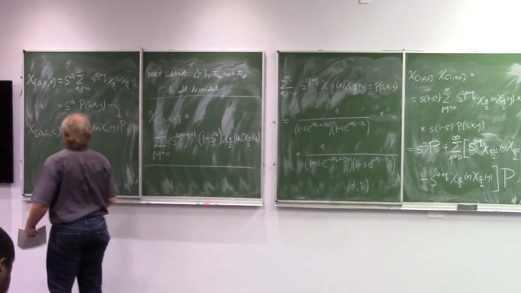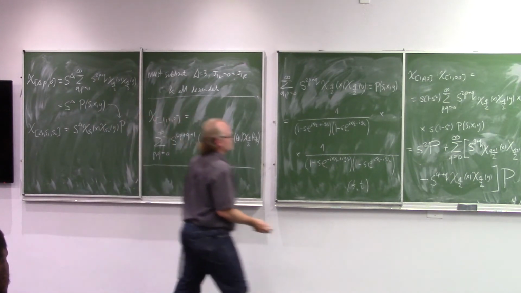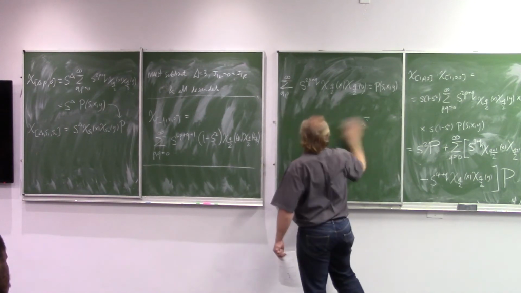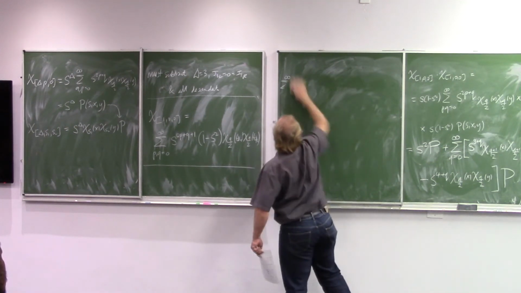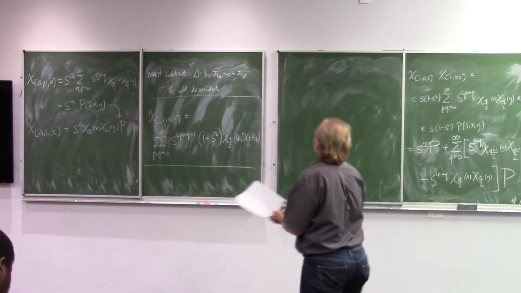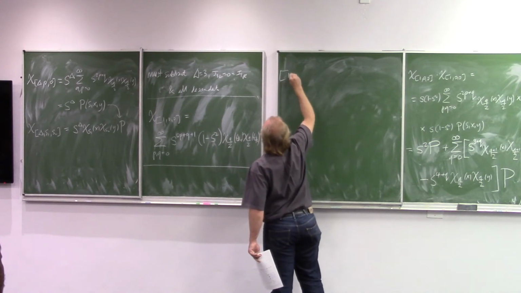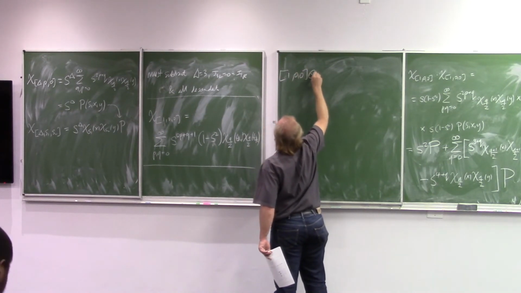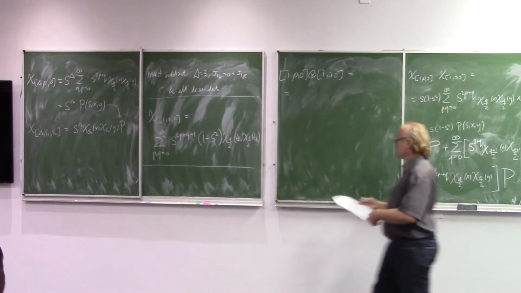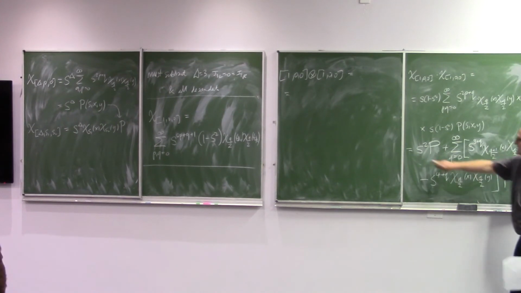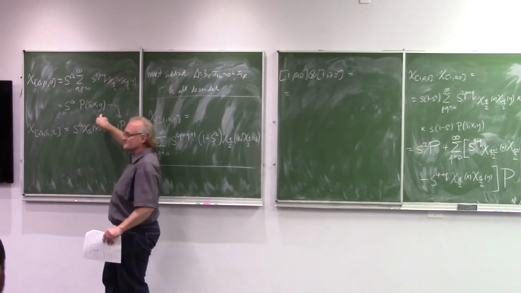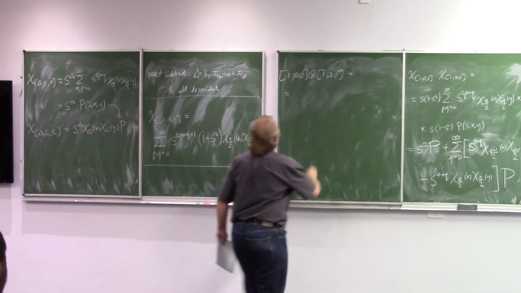So let me re-output it here. So we've got 1 naught naught tensor 1 naught naught is equal to, and if you look here, we've got s squared p, but s to the delta p is just a character.